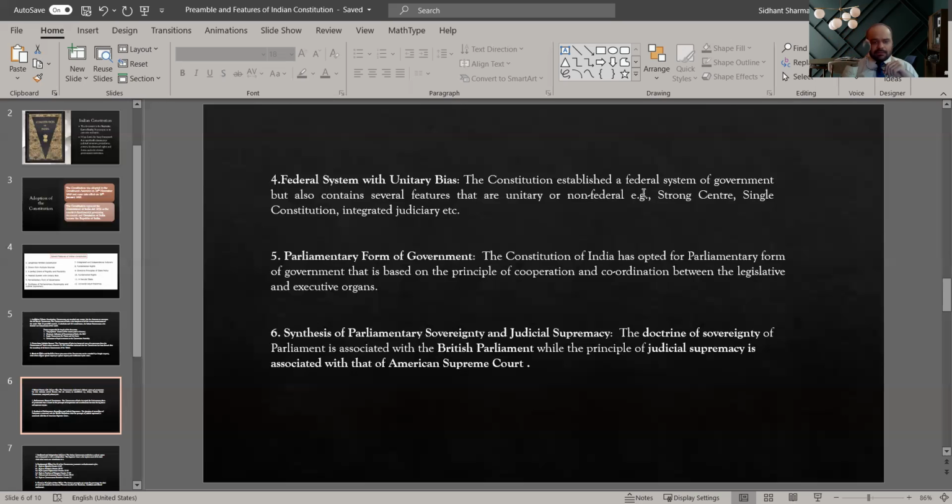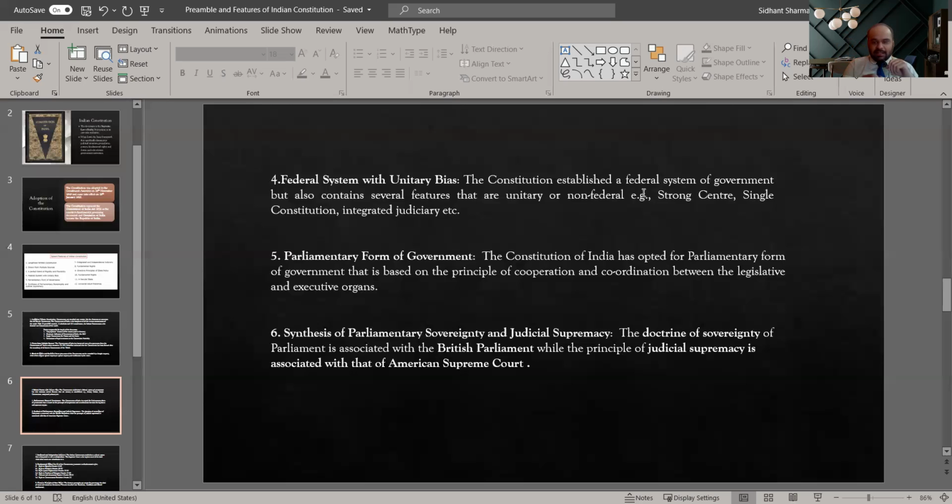Moving to the next feature of the Indian Constitution, it is a perfect synthesis of parliamentary sovereignty and judicial supremacy. There are two heavy words being used there: parliamentary sovereignty and judicial supremacy. The concept of sovereignty is very complex and has evolved through centuries.